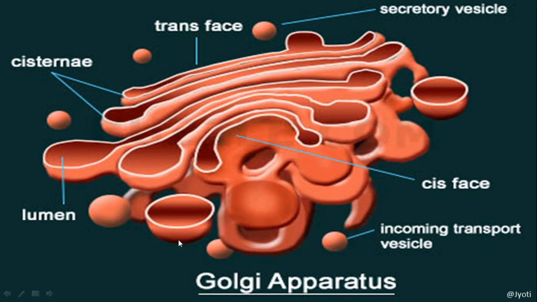Now these processed proteins are packaged in the vacuoles, and then these vacuoles are transported to their destination. Because they are packaged with various types of processed proteins, they are dispatched to different parts of the cytoplasm, mainly for the formation of the membranes of various cell organelles as well as the cell membrane.